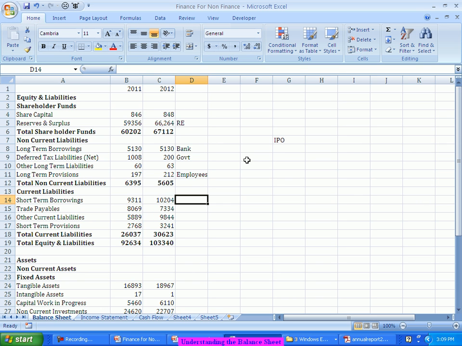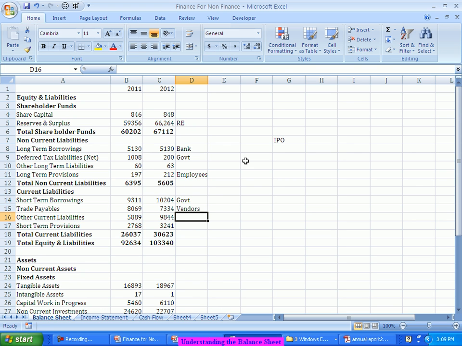So this is again to the government. These are to the vendors. Like you have purchased the raw materials or something from your vendors, and you still need to pay something to them, right?